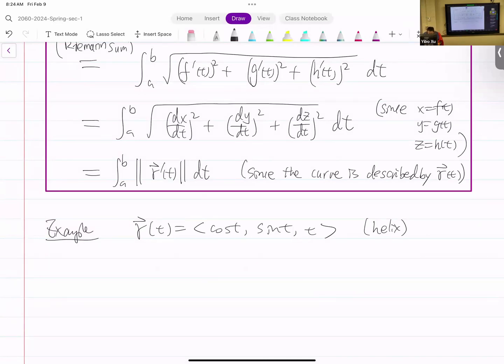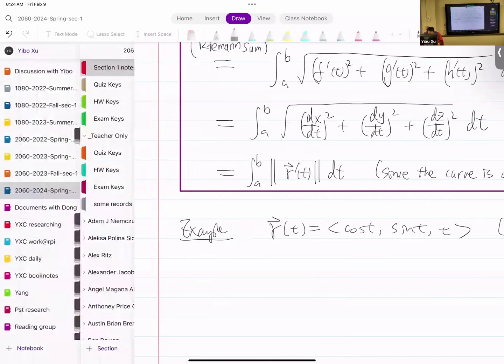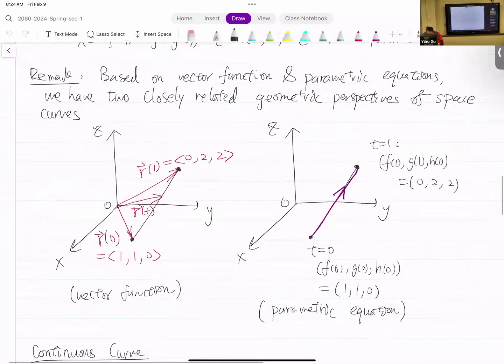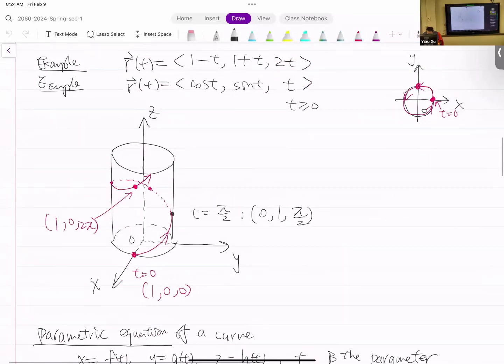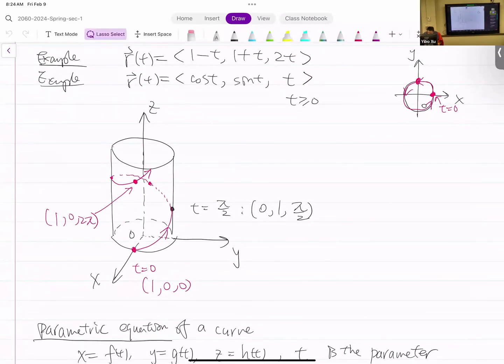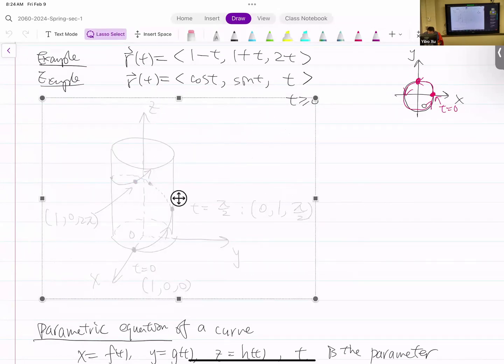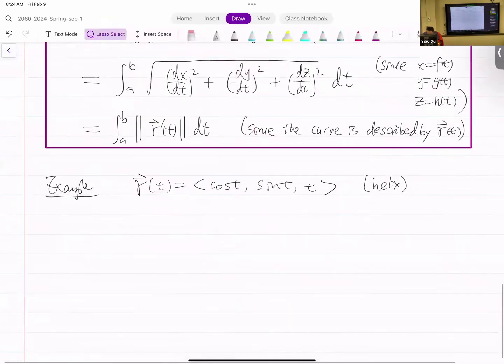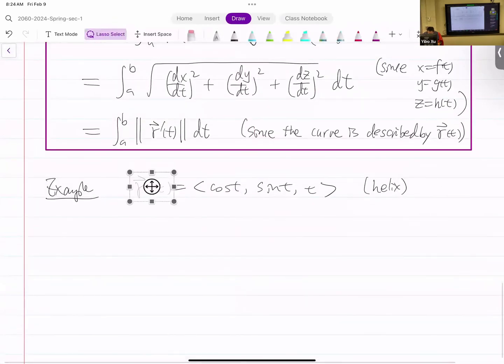Let me copy the figure from before. Right here. So basically, now in this example, we want to calculate the arc length for this space curve.